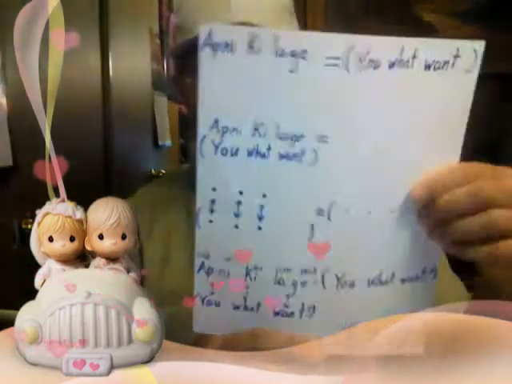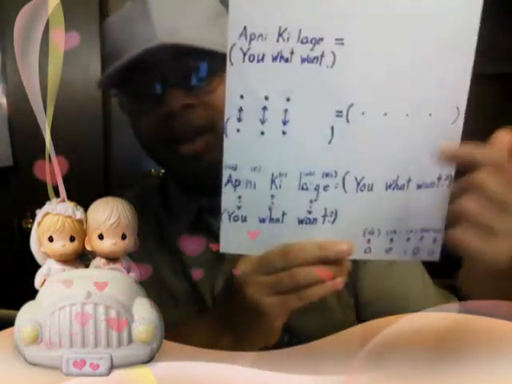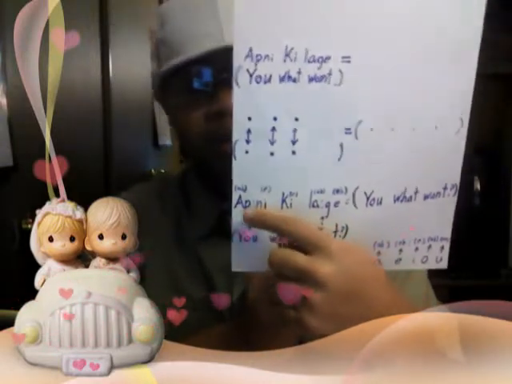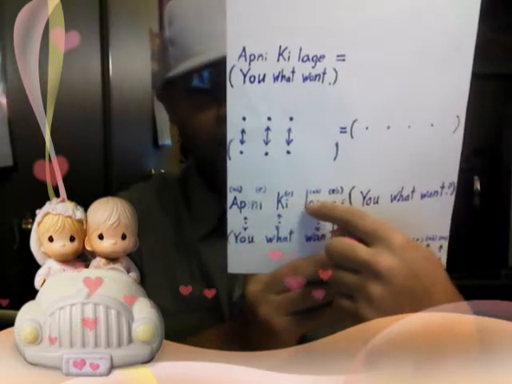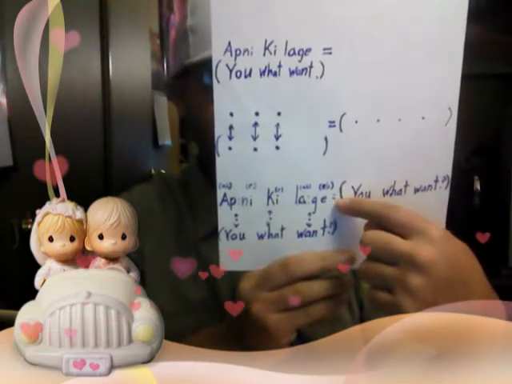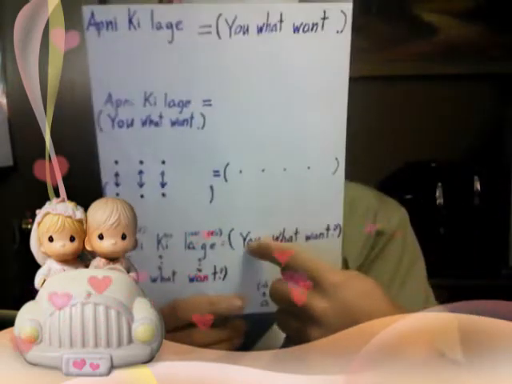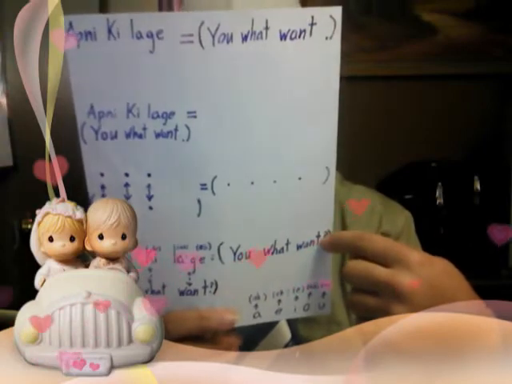But this is how it should be written out. It's the exact same thing, it's just profiled out. So "apni ki laje", and what does this mean in English? "You what want", and a question mark.